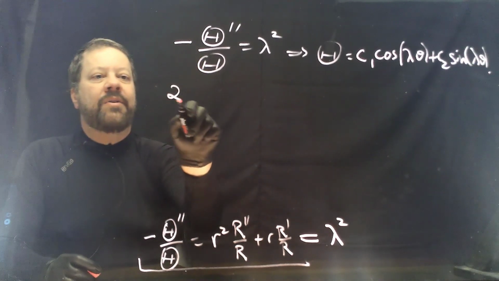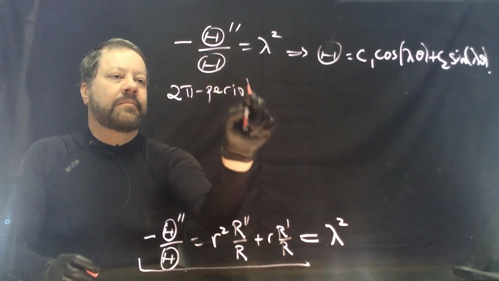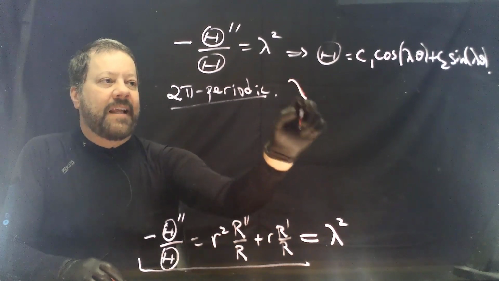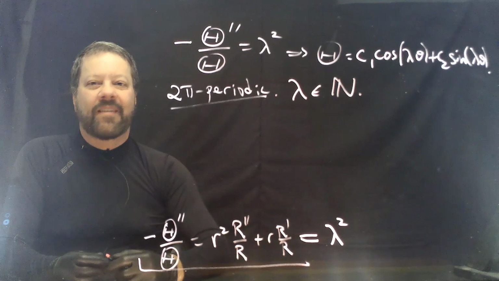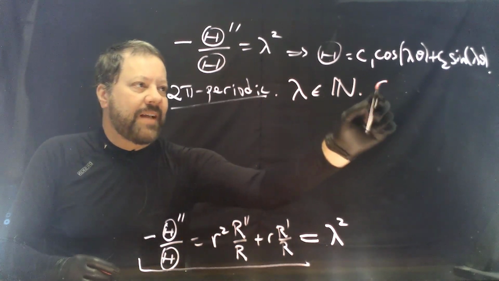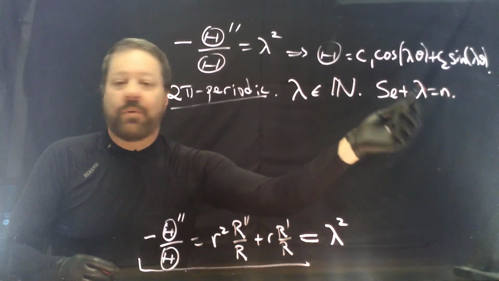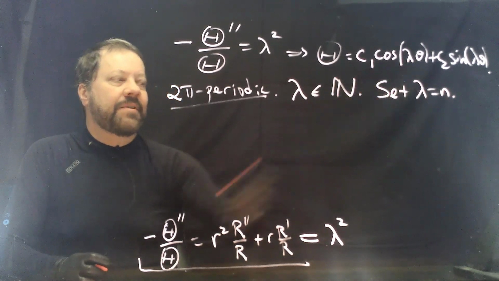But again, using the fact that we're 2 pi periodic, that implies that lambda must in fact be an element of the set of natural numbers. Let's suppose we set lambda equal to n, so that we'll have cosine of n theta, sine of n theta.